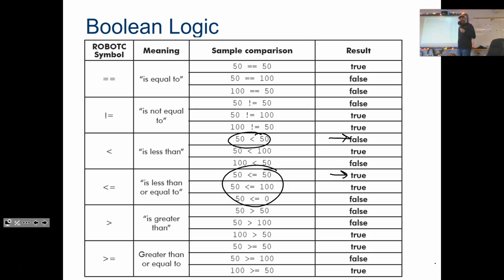There are certain times where, if I want you to run something 10 times, are you starting the counter at 0? Because 0, 1, 2, 3, 4. Or are you starting the counter at 1? 1, 2, 3, 4. If you want something to run a certain number of times, that less than or equal to is going to come and bite you. So we'll get to that later. And this will make more sense when I have you doing a program that runs exactly a certain number of times.